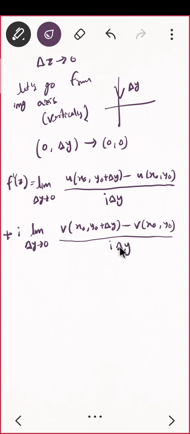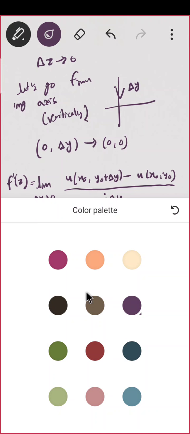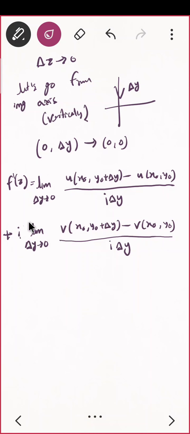Do you agree? But in this case this i and this i will get cancelled, correct? This i is cancelled with this one. Okay, what about this one? This i is here, I don't want i in the denominator, so what should I do?